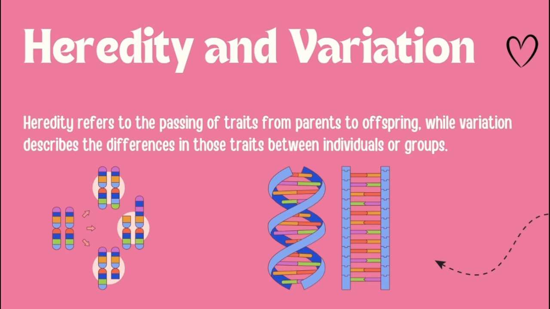It makes them less susceptible to diseases. It overall helps them to live longer because they're different and they're able to adapt to the environment differently, right? So that's the main difference between hereditary and variation. But overall, these two concepts help us understand how traits are passed on from parents to offspring.